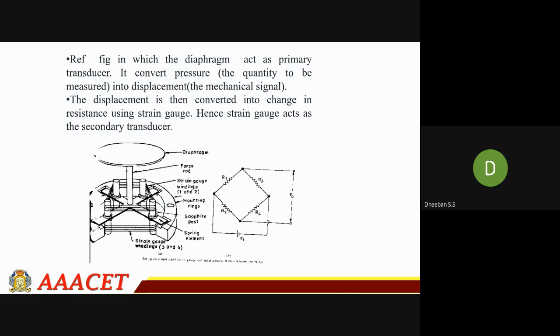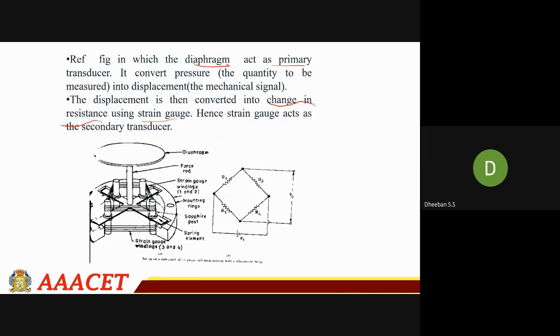Here in the figure you can see the diaphragm acts as a primary transducer, and this converts the pressure into a displacement. Then the displacement is again converted into a change in resistance using your strain gauge.